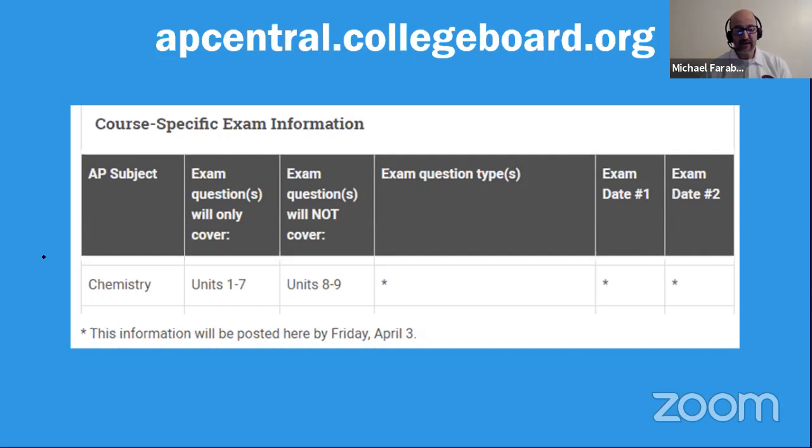Well, if only content from units 1 through 7 will be tested on the AP exam this year, why do the first 3 lessons that are scheduled for this week include topics 8.1, which is on acids and bases, 8.2, which is on pH and pOH of strong acids and strong bases, and 8.3, which is on weak acids and weak bases and equilibrium? Well, today, the topic that we are covering, topic 8.1, is one that colleges have asked that all AP students study, even if it is not tested on the exam in 2020.